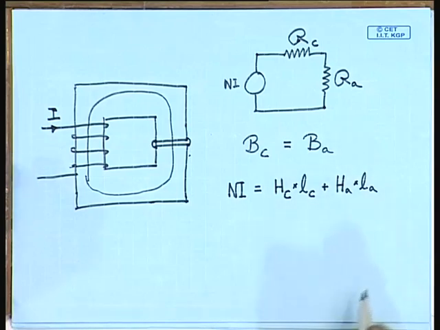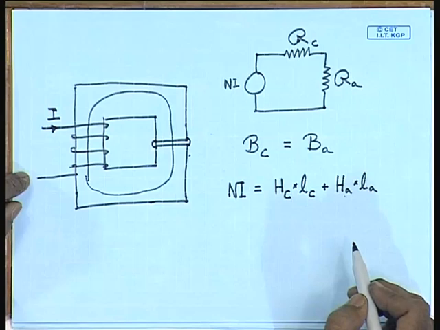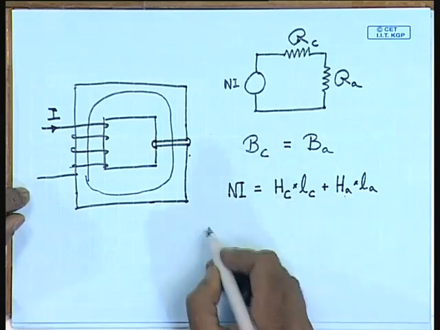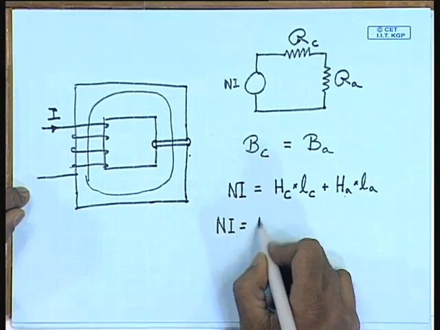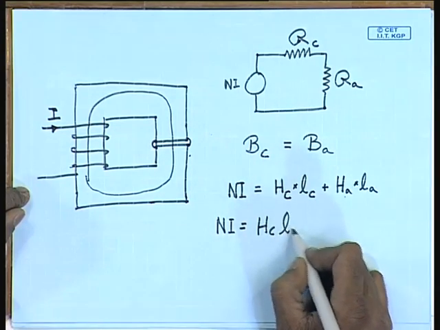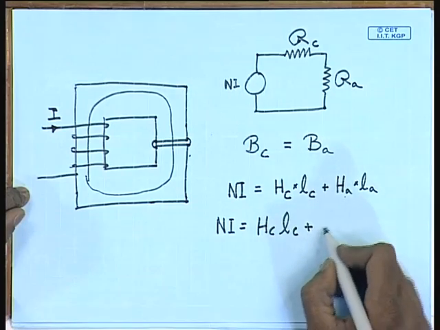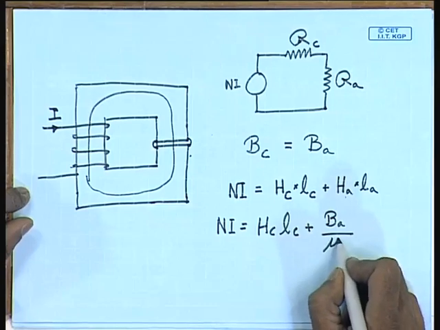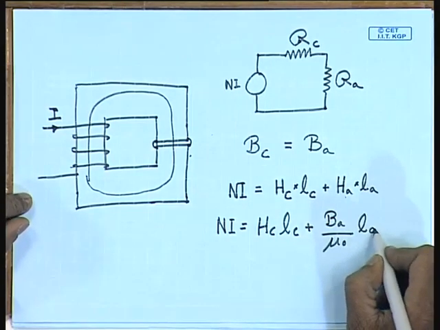But the relationship between field intensity in the air gap and the flux density is constant. Therefore, Ni equal to Hc into Lc plus, H is equal to B air by mu naught, since mu r for air gap is 1, into La.